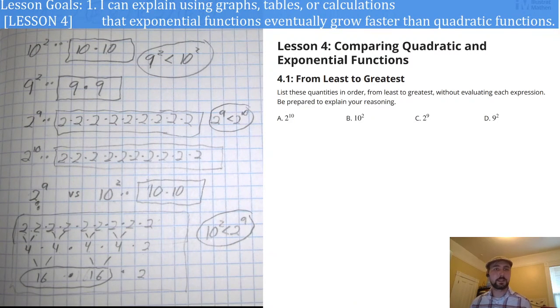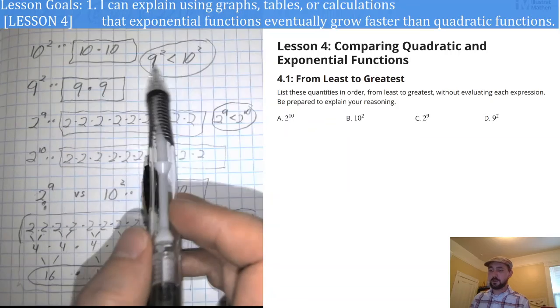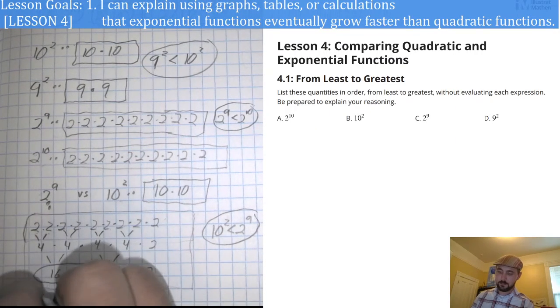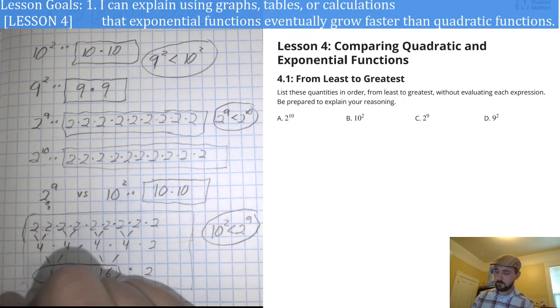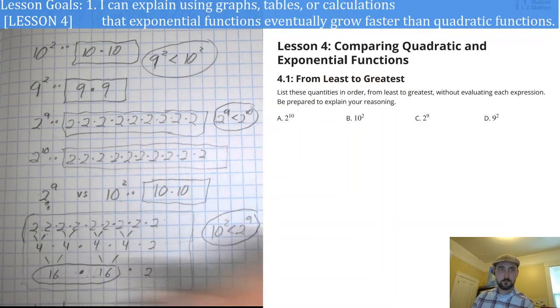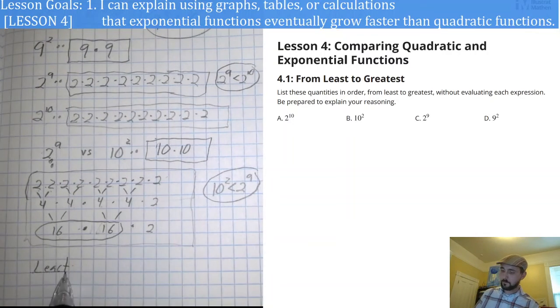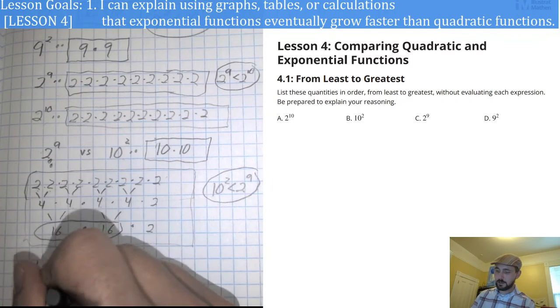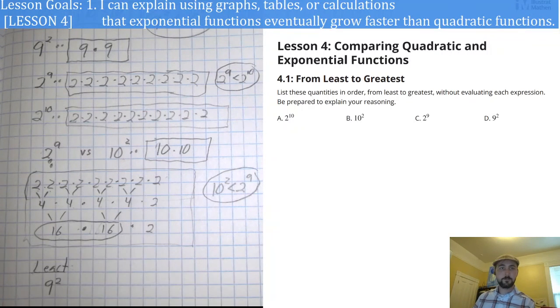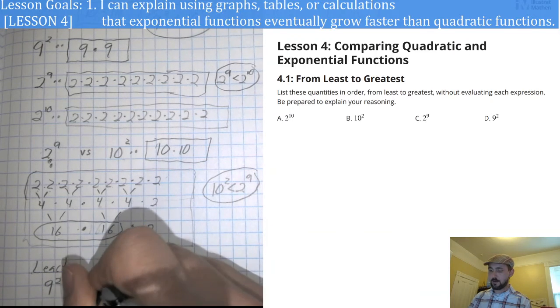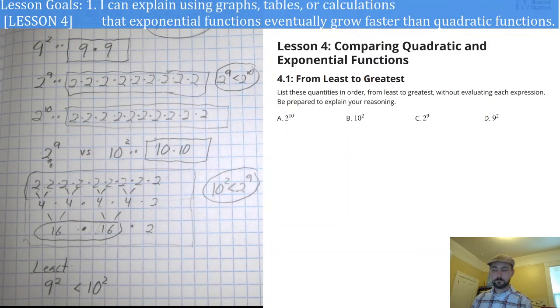Okay, so using this, can we put everything in order? I think we can. So we know that the smallest number here is 9 squared. So remember, we're doing this from least, which means smallest, to greatest. So the least number is 9 squared because we know that 9 squared is smaller than 10 squared.